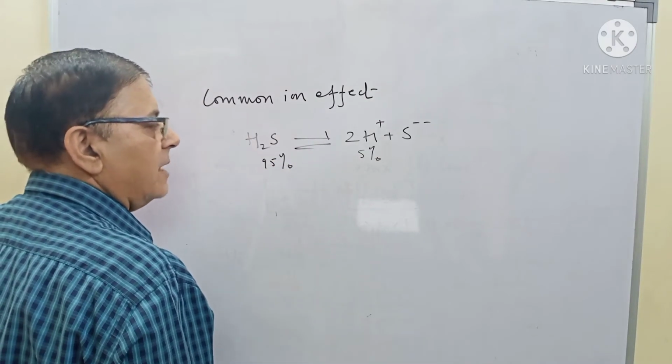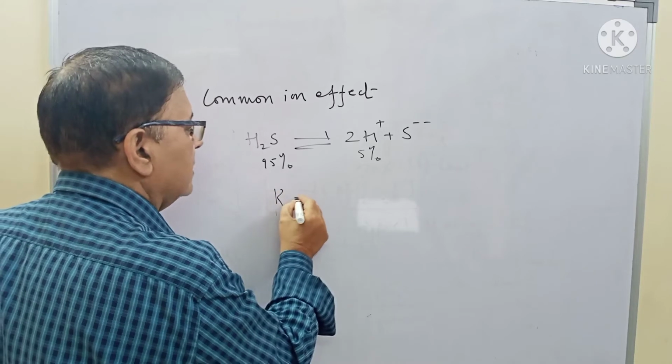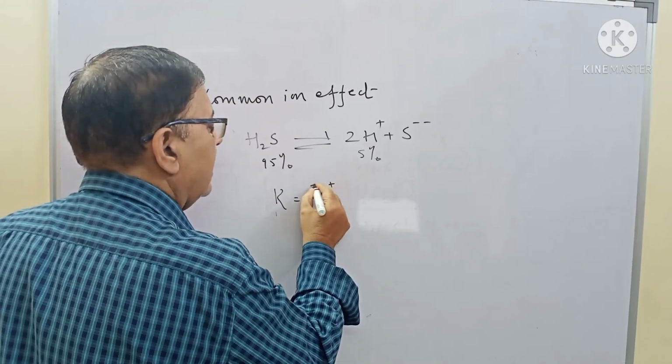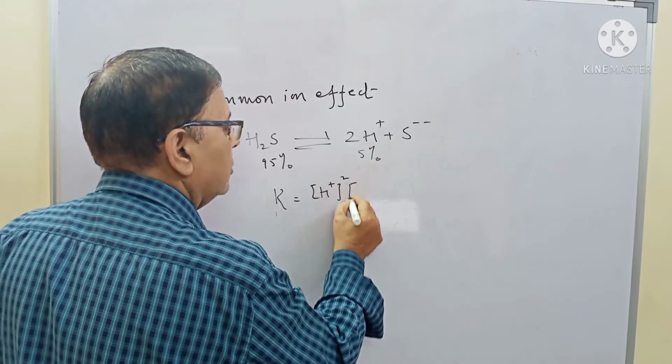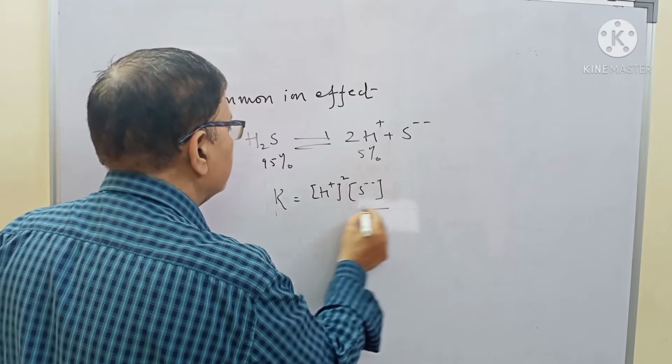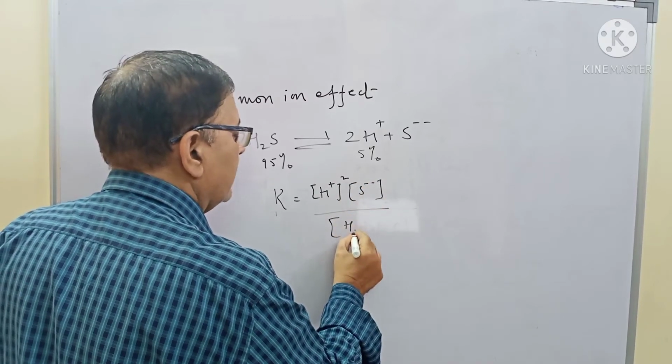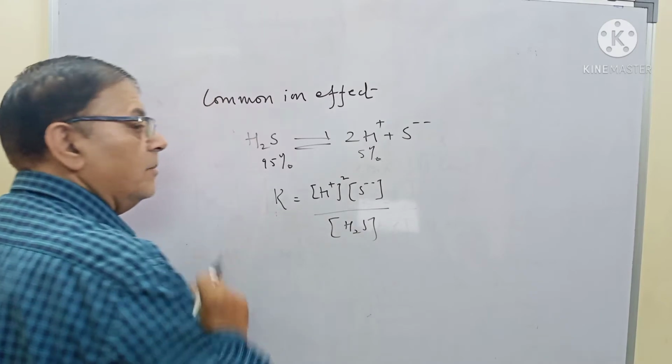Apply the law of mass action over here. We'll get K equal to H+ ion concentration squared times the sulfide ion concentration divided by H2S. This is the equilibrium constant.